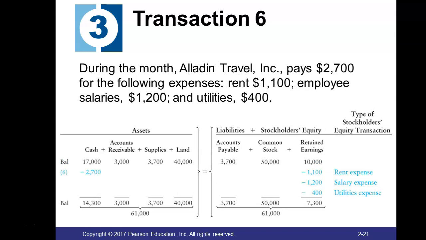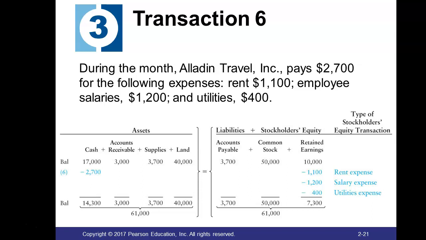Now let's do another transaction that has effect on expenses, and I think this one will be very, very nice to think about. Alladin during the month pays $2,700 for the following expenses: $1,100 for rent, salaries of $1,200, and utilities for $400. In total, we know that based on this, gives you a clue that cash was paid.